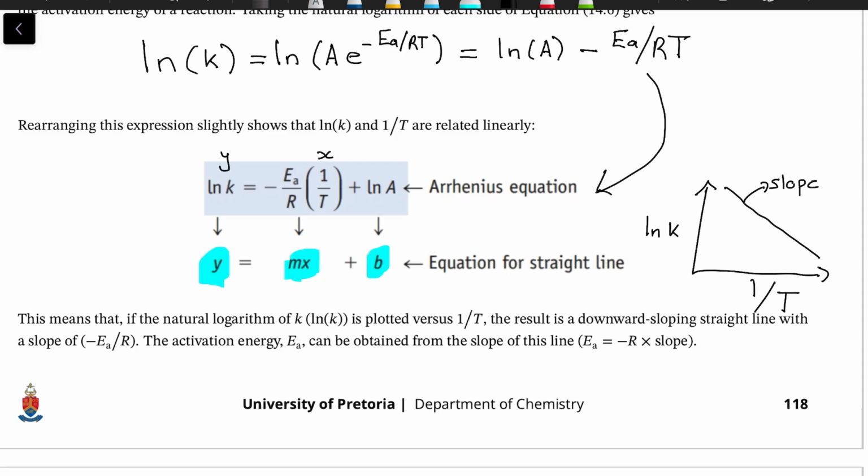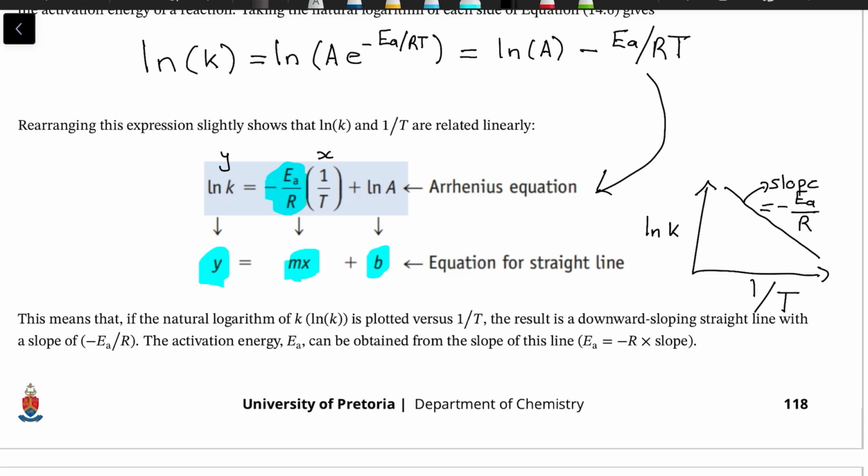What is your slope? You can identify the slope as minus Ea over R, right? So the slope is going to give you the activation energy divided by R, or negative the activation energy divided by R.